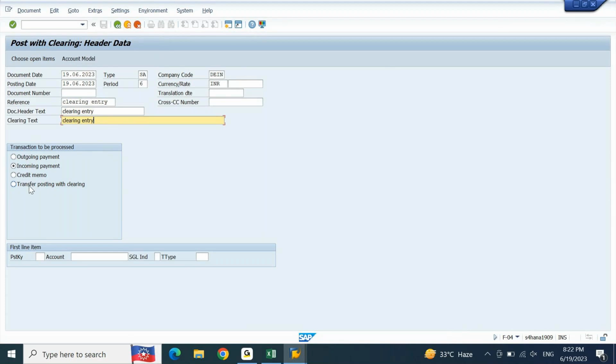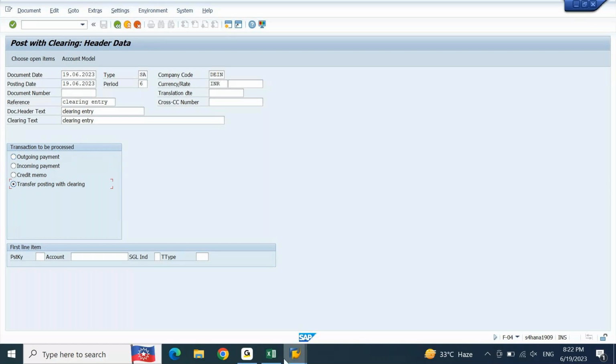Whether you select this one, or any of these, there is no impact. It is only for reference purposes. Based on the nature of a transaction, you can pick any one which is applicable to you. Let me pick transfer posting with clearing.